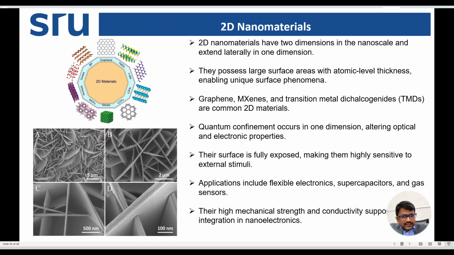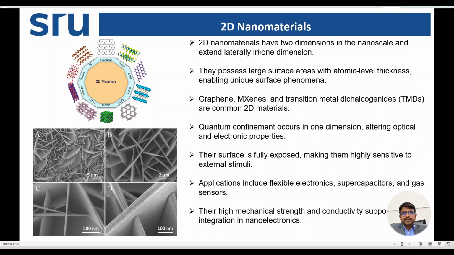Then if you check this length, it might be beyond 100 nanometers, beyond nanoscale. So this thickness must be within 100 nanometers; only then can we say that it is a nano sheet. Here also the thickness must be within nanoscale and the other two dimensions can be beyond nanoscale.